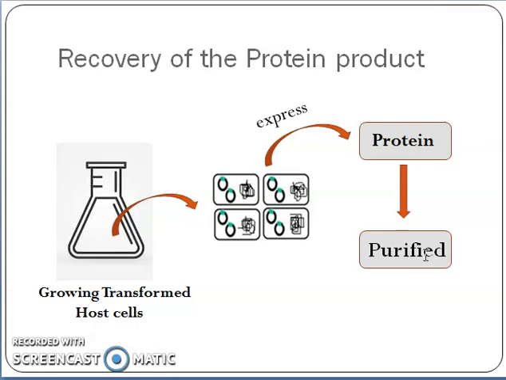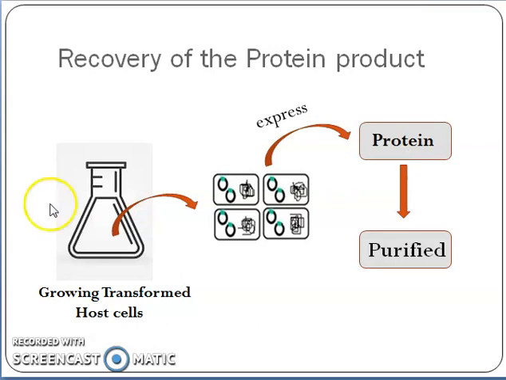And if the cells have released the protein in the medium, if it is extracellular, you have to purify the protein from the medium itself. So at the end of the purification, you will get your protein. And because that protein has been produced by the advent of recombinant DNA technology, that protein is known as the recombinant protein.